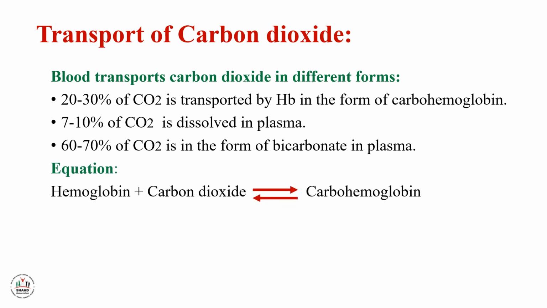Equation: hemoglobin plus carbon dioxide gives carbohemoglobin. فإذا الكربون دايوكسيد بينتقل بالدم بعدة طرق. أكتر نسبة من 60 ل 70% من الكربون دايوكسيد بينتقل بشكل بايكربونات في البلازما. من 7 ل 10% بيكونوا دايبين بالبلازما، ومن 20 ل 30% بينتقلوا باي هيموغلوبين بيشكلوا لنا الكاربوهيموغلوبين.